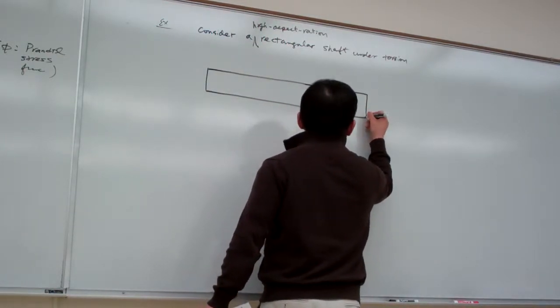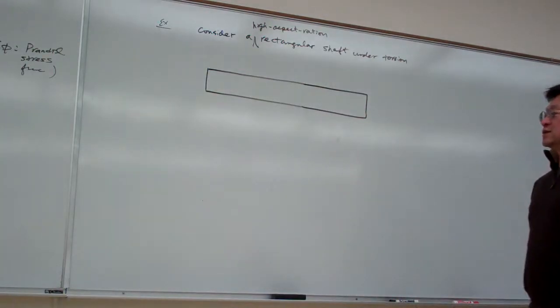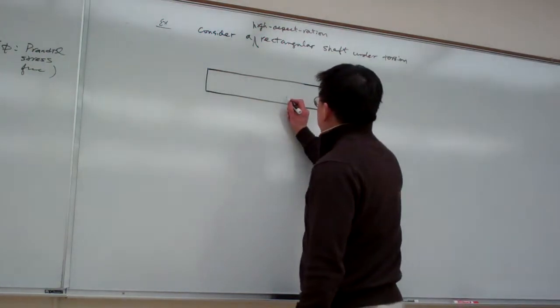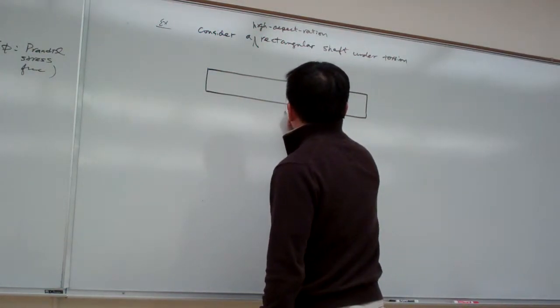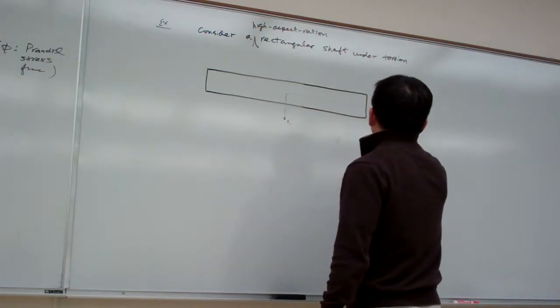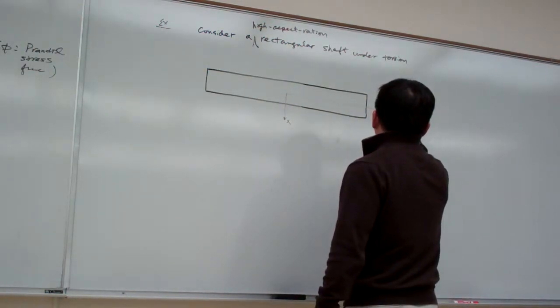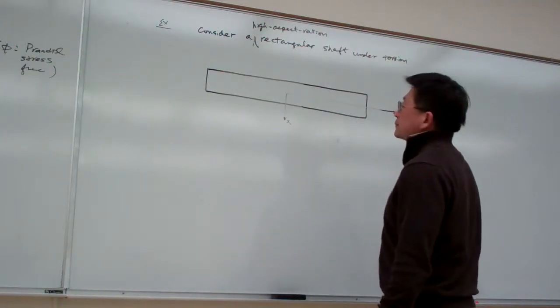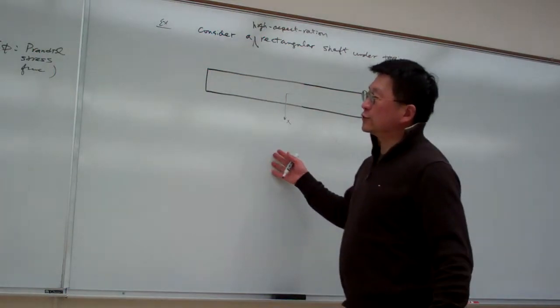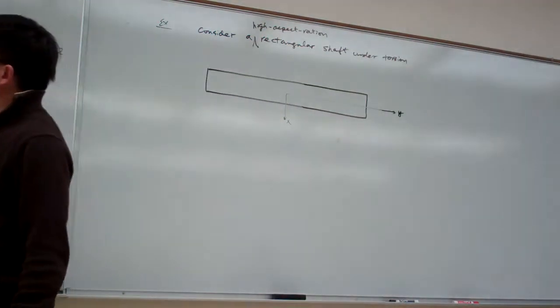So we consider such a rectangular shape, and let me give the coordinate system. Here, x is here and y is here. Still using the right-hand rule, xy directions here. To analyze these problems, we use the membrane analogy.